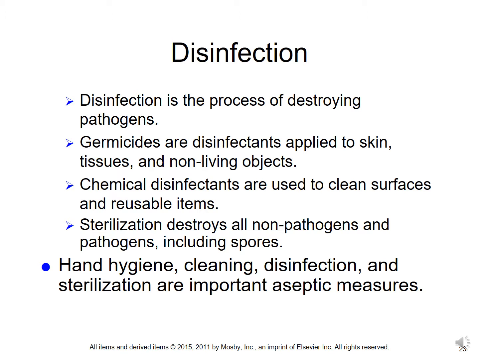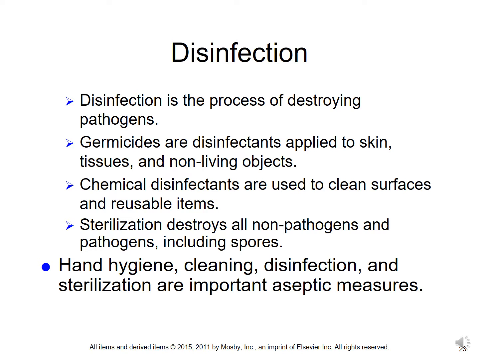And then we have the process of sterilization, which destroys all non-pathogens and pathogens, so all microbes, including spores. And we do need to talk about spores. Spores are formed by some microorganisms, and spores are not destroyed the normal way. A lot of times we can use alcohol-based rubs to clean our hands, but if you have somebody on transmission-based precautions for spores, that doesn't work.